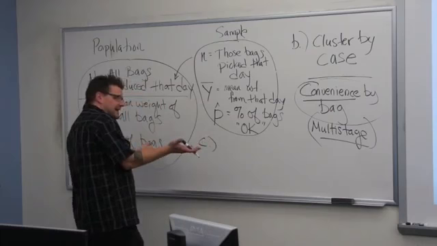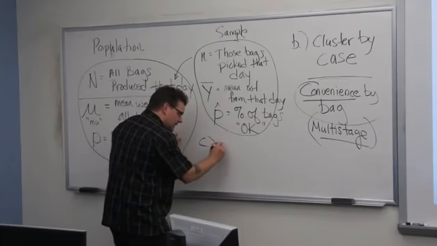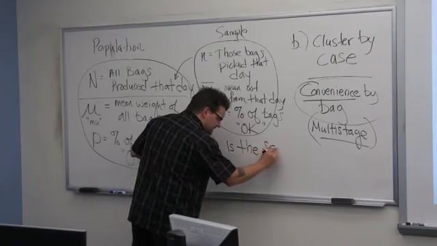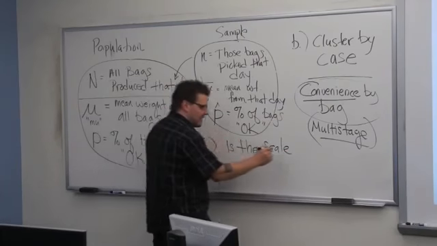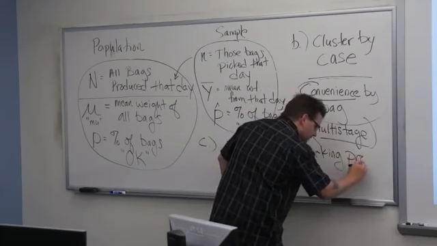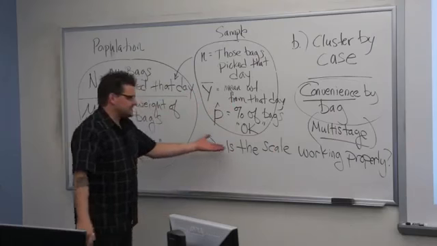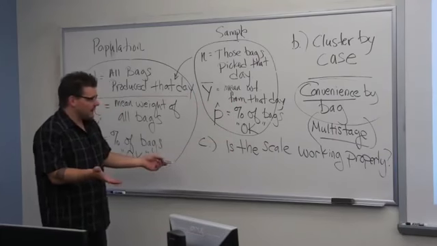A few things I can think of, we always have to be thinking how we're collecting our data, but is your scale calibrated? I'll say working properly because I can spell those words. You know, there could be scale bias. You have to check your equipment to make sure you're not getting measurement errors.